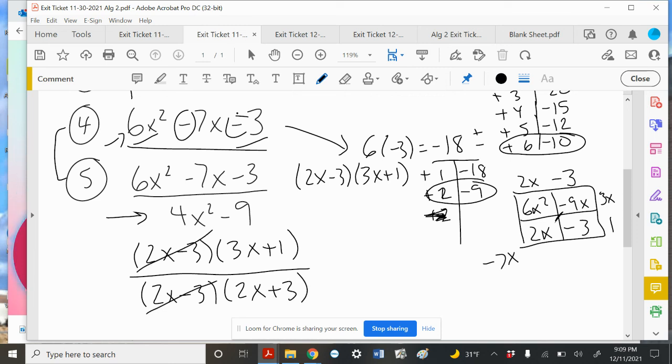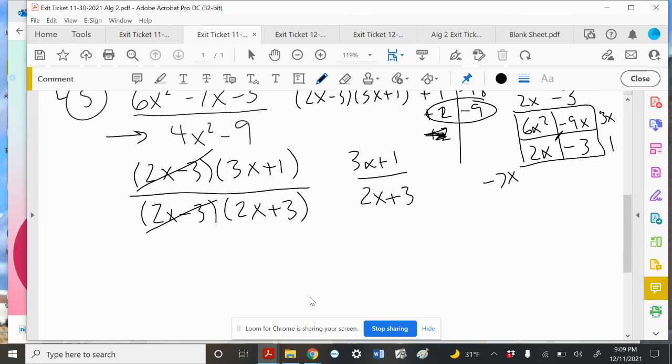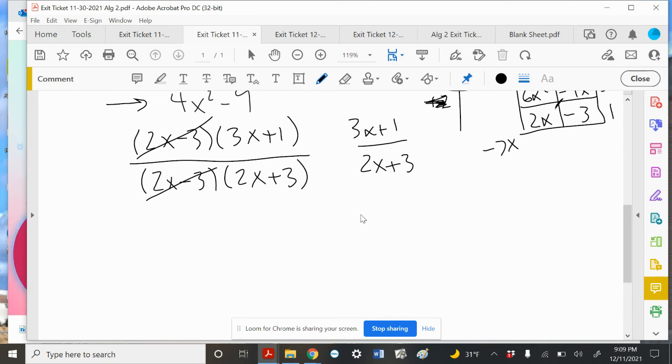These cancel because they're exactly the same. These do not, so my final answer would be 3x plus 1 divided by 2x plus 3. Nothing else can cancel there. Even if there were any of the same numbers, we couldn't cancel anything there because remember the plus sign does not allow us to do that cancellation. And that is the last problem on exit ticket number 2.